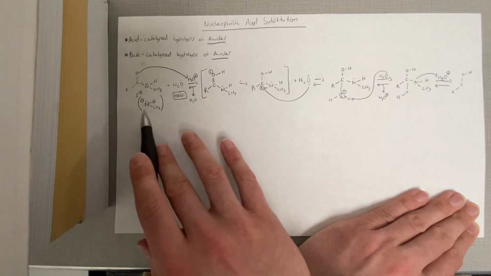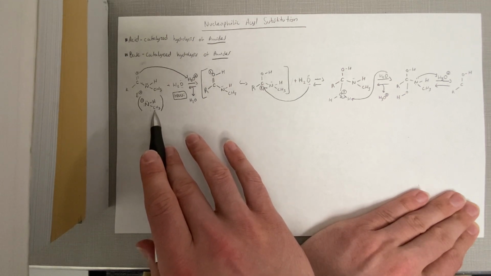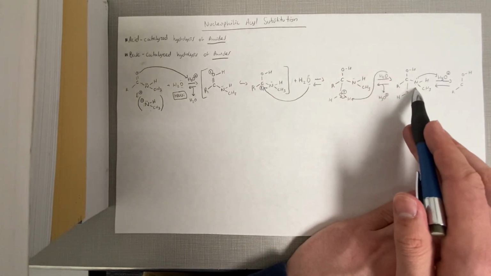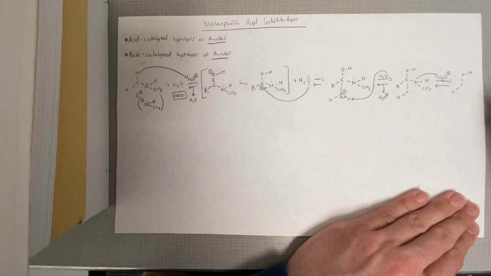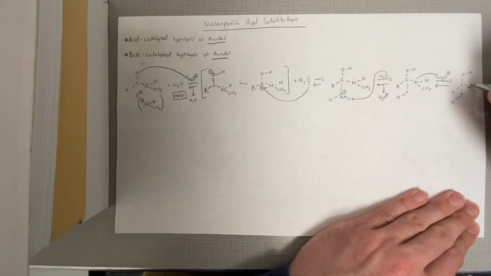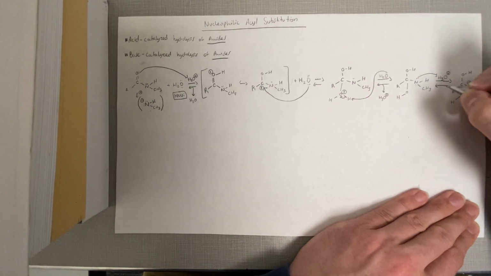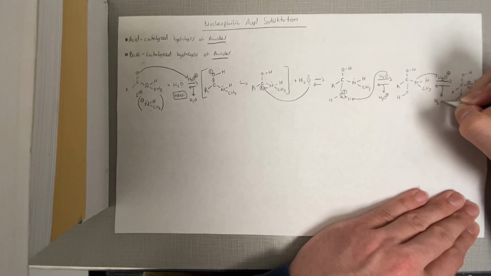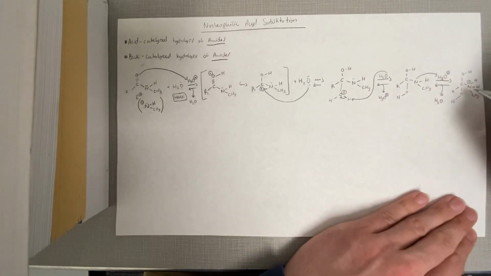And as a leaving group, the better leaving group is the weaker base. So we want to protonate it so it becomes a better leaving group. So we then do this, and now that it's protonated, we have CH3, and it is positively charged. So it is then ready to leave.